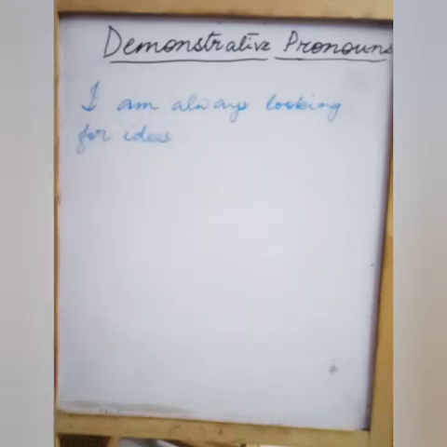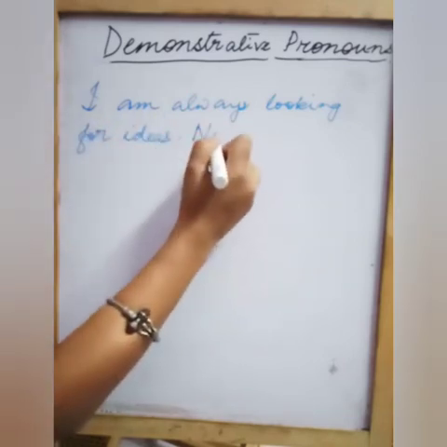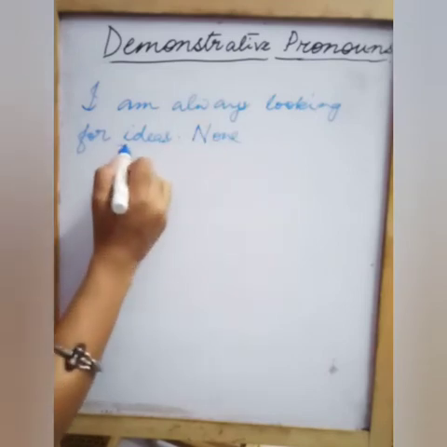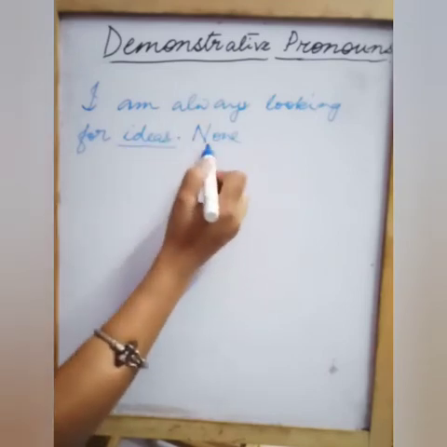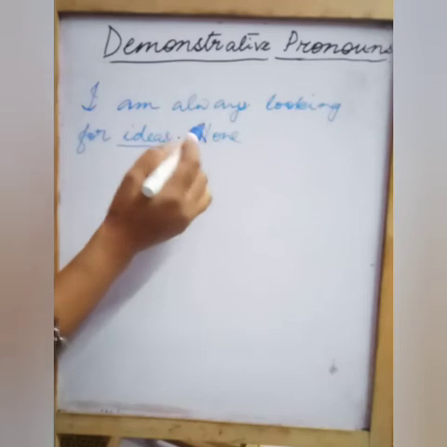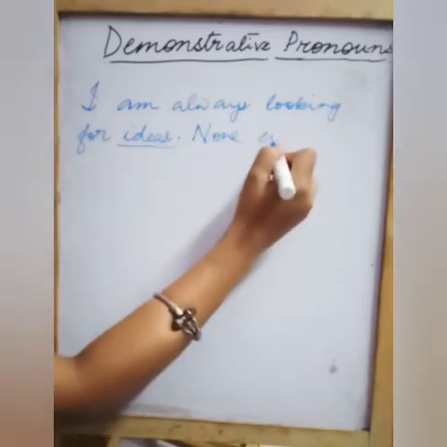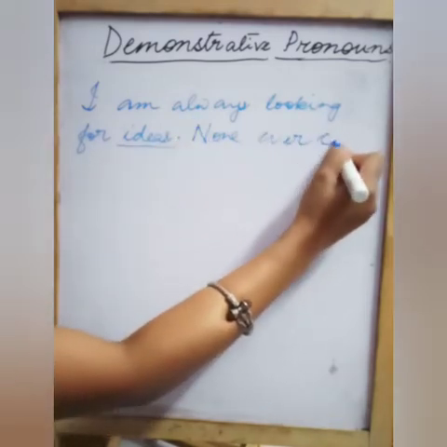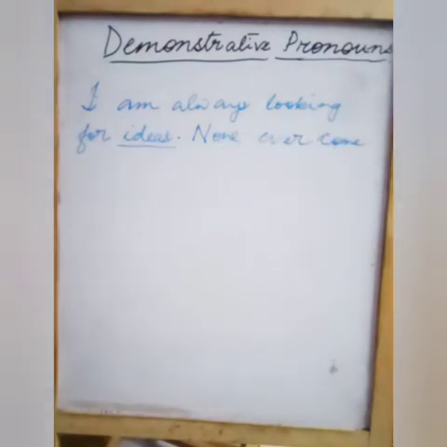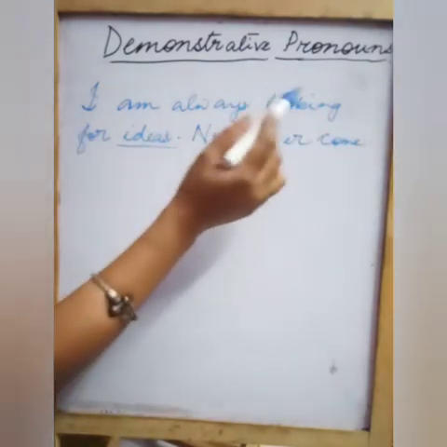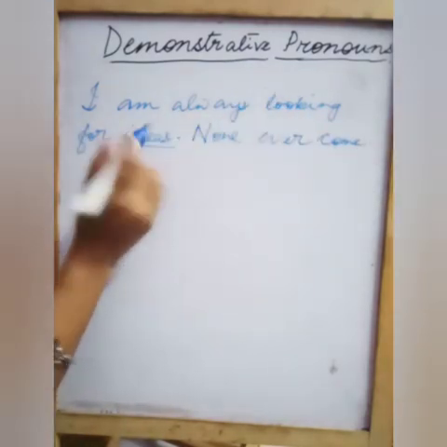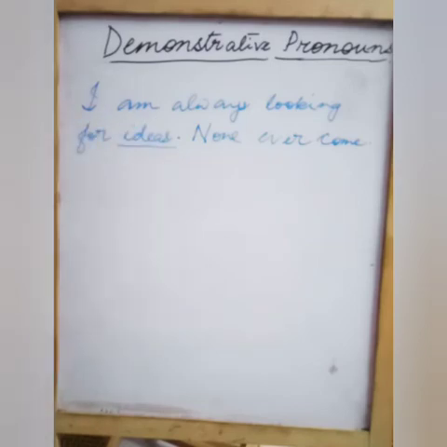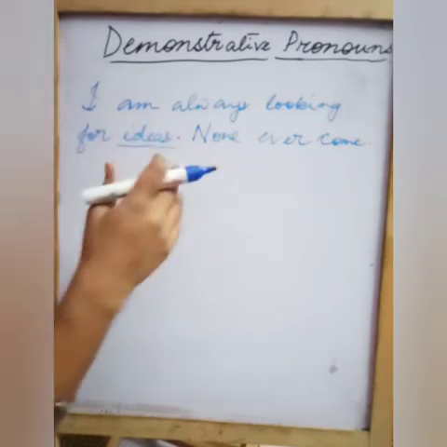Fine. So this ideas I am replacing after the full stop with none. So when I say none, none ever come. I am always looking for ideas. It is plural, isn't it? I am looking for many ideas. I am trying to think of many ideas, but none ever come.